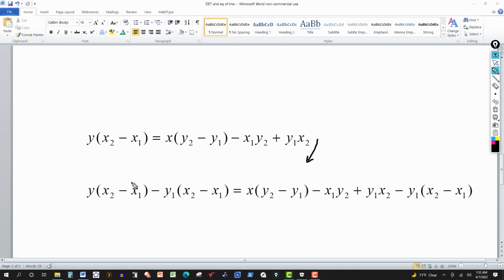So notice this is the same. x2 minus x1. All I did was put a minus y1 there. Now that's legal, as long as you do it to both sides. So over here, I did it over here. Minus y1, x2 minus x1.